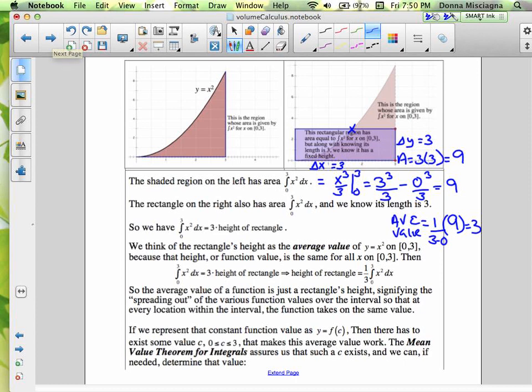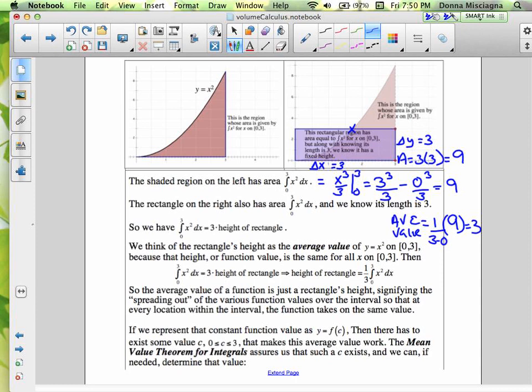If we think of the rectangle's height as the average value of y equals x squared on 0 to 3, because that height or function value is the same for all x on 0 to 3, then if we integrate, evaluate, and divide by the difference in the x values, we have our average value.